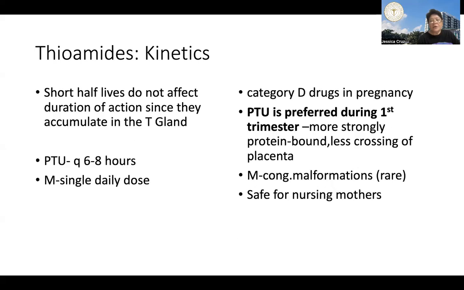Now, the fact that they have short half-lives does not necessarily impact their duration of action, because their main site of action is in the thyroid gland. So the short half-life is not an indication of a short duration of action. It's not like that.